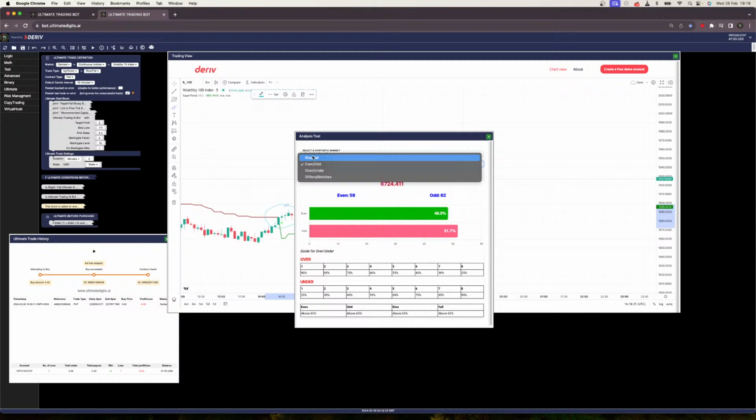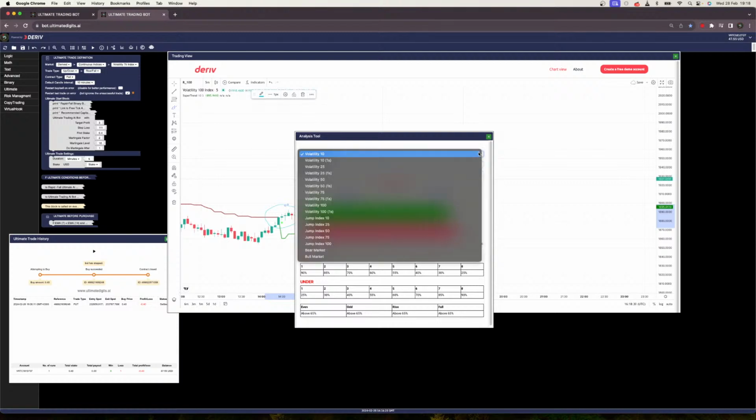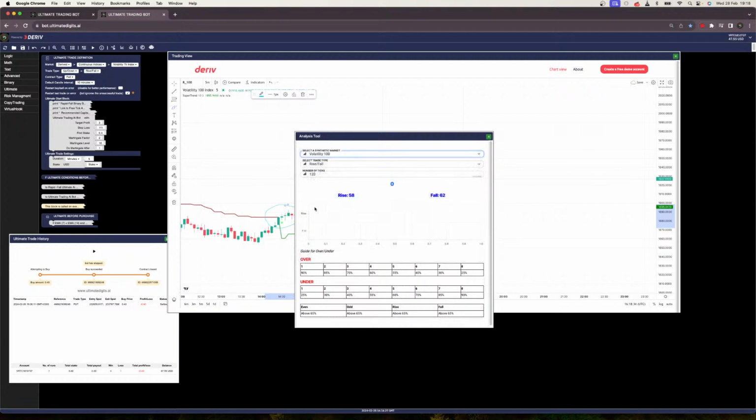So right now we are running it on the rise and fall market on volatility 100. Let's see if our technicals can match the data on the tick analyzer tool. For this we are using a little bit longer time frame. Sorry about that. I will be using 200 ticks to 300 ticks for the best data.